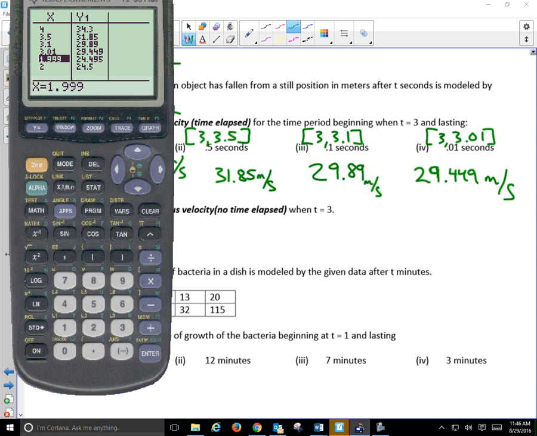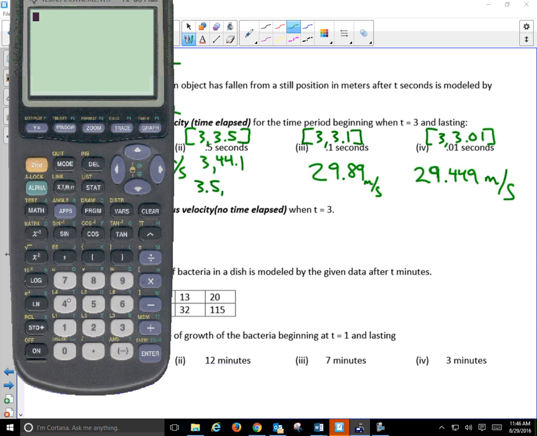Okay. So if you did it by hand, you could simply grab 2 points. Your first point was 3, 44.1. That doesn't change. Your second point would be 3.5. And as you plug that in, 4.9 times 3.5 squared, you get 60.025.